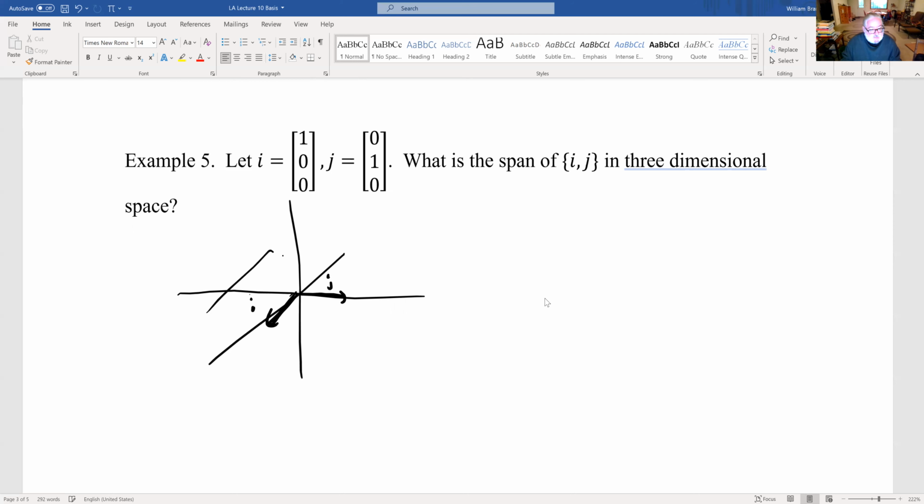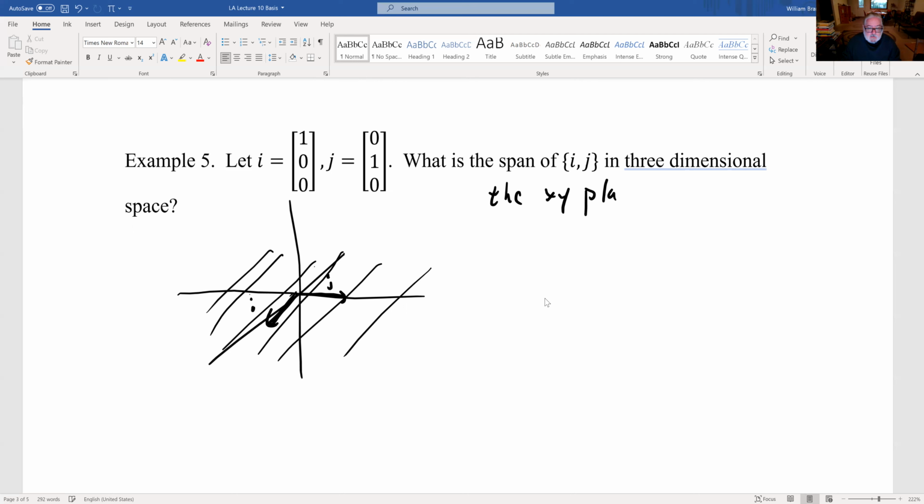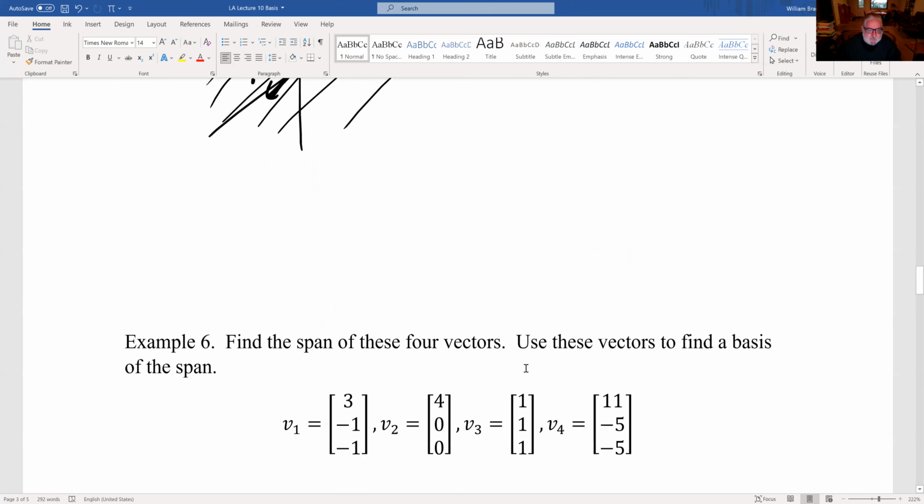So the span of the two is the xy plane. But keep in mind that there's a third dimension, right, that's covered by k. So in general, two vectors in 3 dimensions will give you a plane and not the entire space.